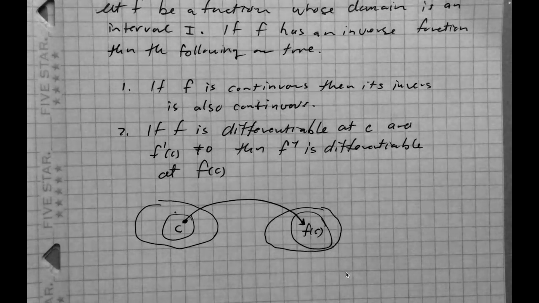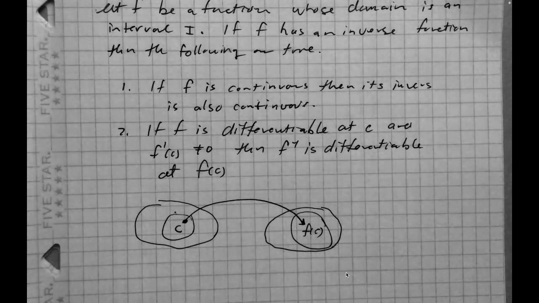Okay. All right. So basically, if f is differentiable, then it's likely that its inverse, if it has an inverse, is differentiable as well. And it's likely that the derivative is going to follow the rules of differentiability. It's going to inherit that from f. Another way to say it.